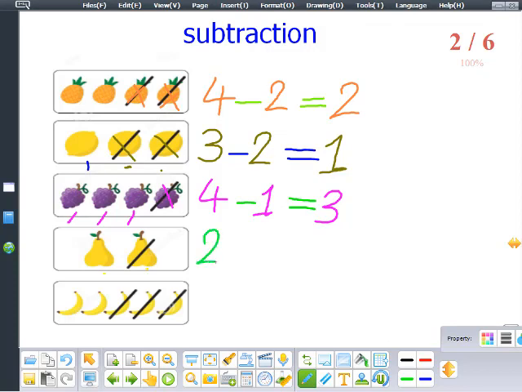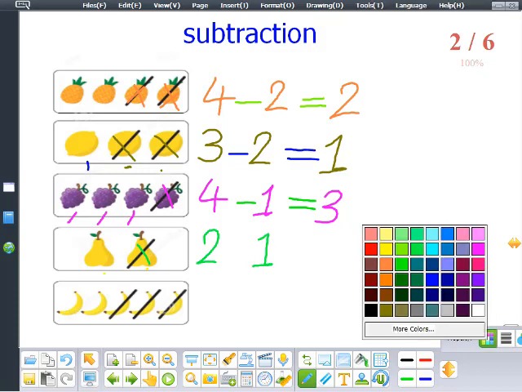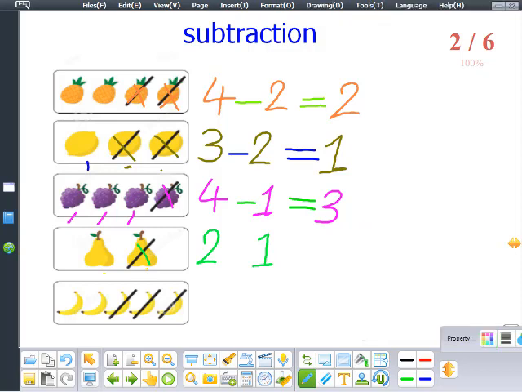I'll put a line on how many pears? 1. Just 1. So let's write 1. Here we have 2 and I put a line on 1. I will eat this pear. When I eat it and when I take it away, it means which sign?